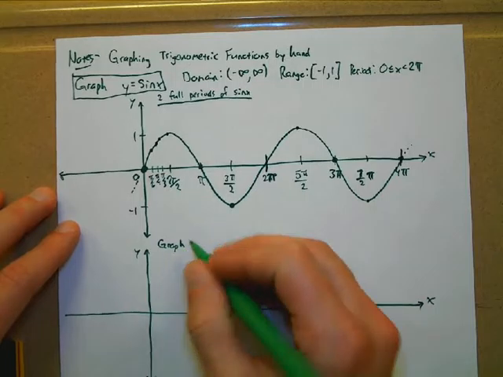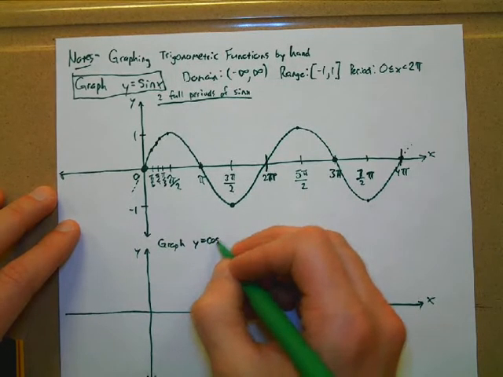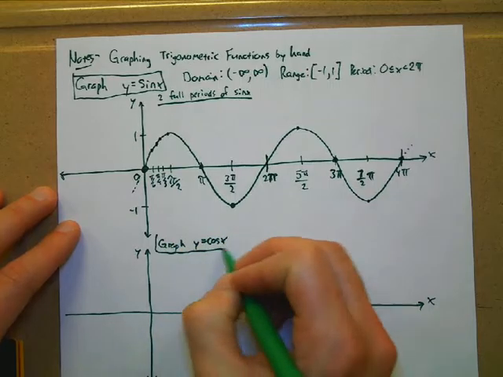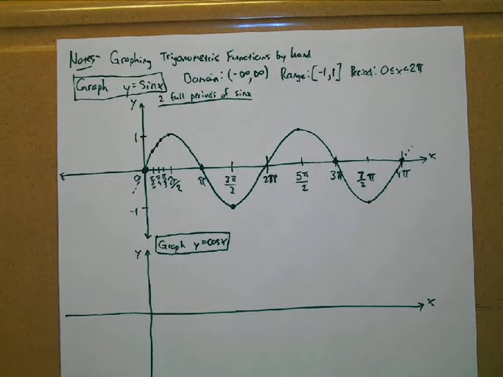Let's erase sine of x, and now let's graph cosine of x. It's not much different than sine of x. In fact, it looks awfully similar.